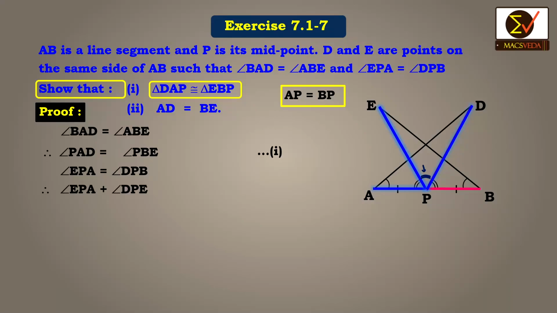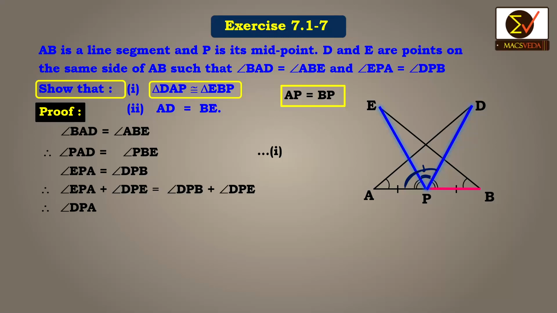So for angle EPA, I am adding angle DPE. Similarly, for angle DPB also I am adding angle DPE. So if you add this DPE, you are going to get this particular angle. So angle EPA plus angle DPE is equal to angle APD, or angle DPA.